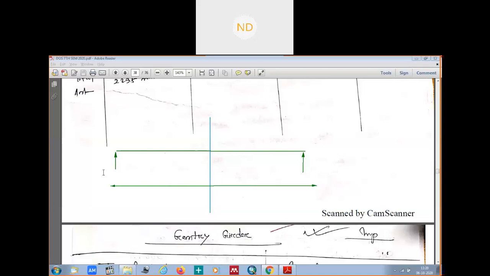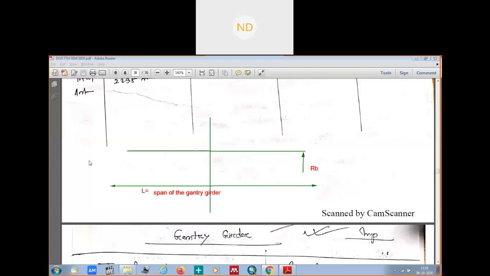This will become your RA, this will become your RB, because the reactions RA and RB we had taken at the points on the gantry girder. This is your span of the gantry girder, suppose L it is.